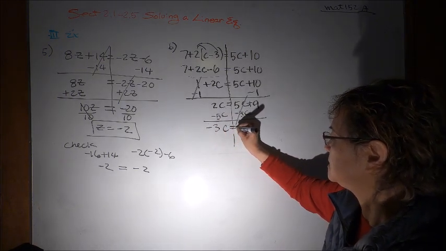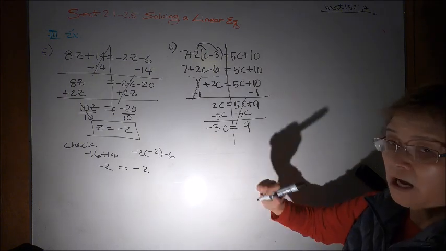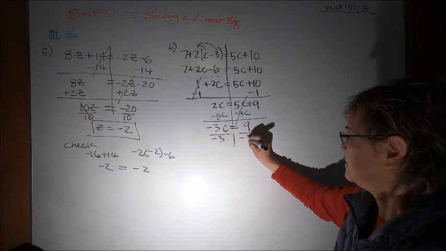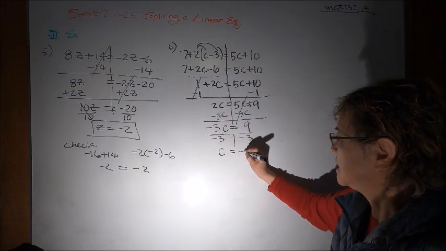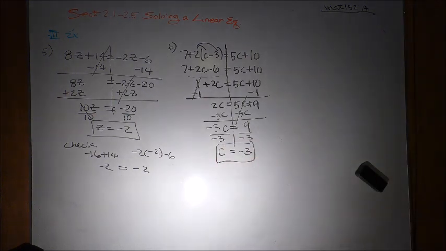Negative 3c equals 9. And get c by itself by doing the opposite. It's multiplying, so the opposite is dividing. C is what? Negative 3. That would be your answer.